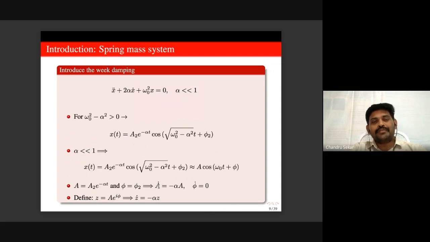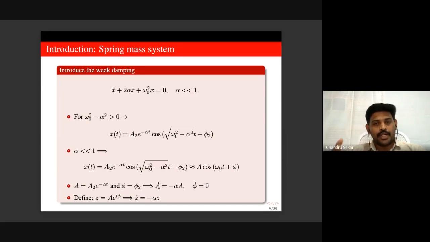Here I introduce weak damping into the system. Here alpha is the damping coefficient, which is very, very much less than 1. This equation is called the damped harmonic oscillator. The system admits three types of solution depending on the values of omega and alpha. If omega squared is greater than alpha squared, it admits the underdamped solution.